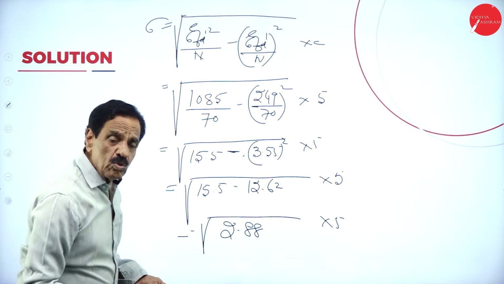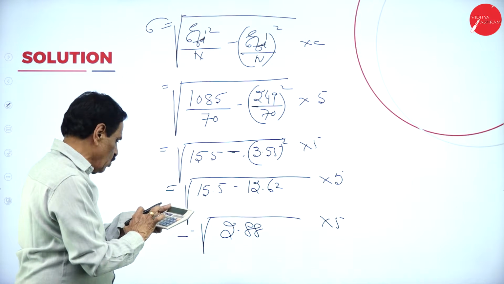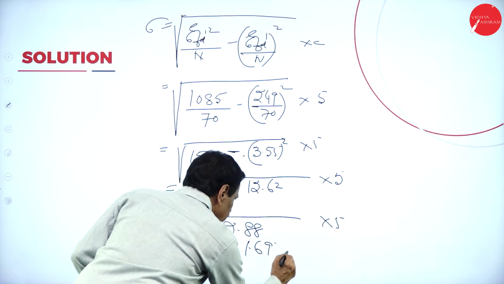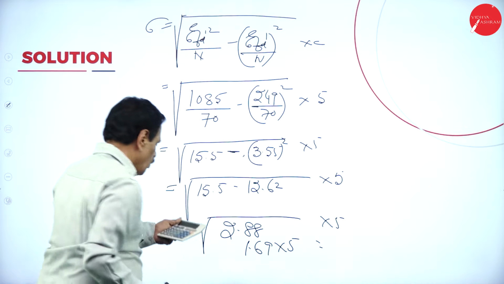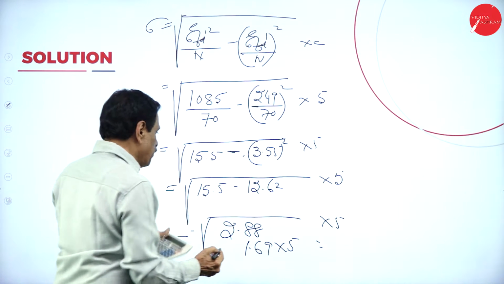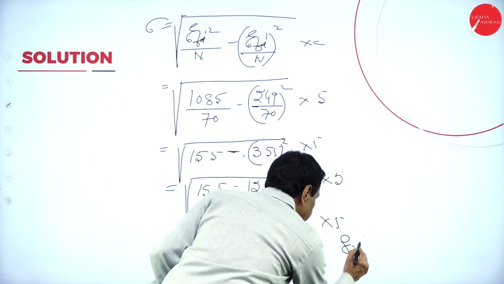Remove the root of 2.88, that is 1.69 into 5, which is equal to 8.48.